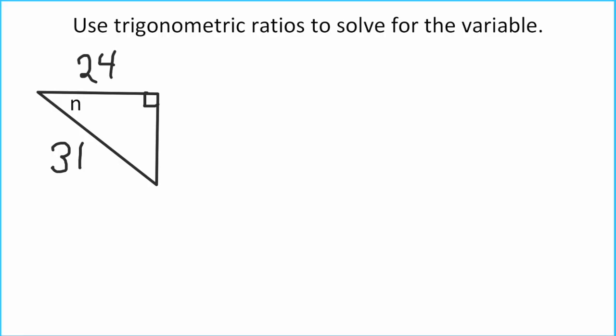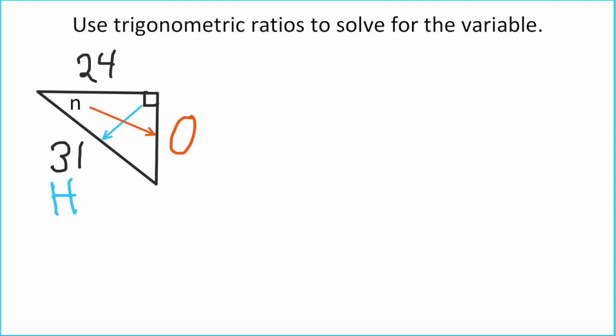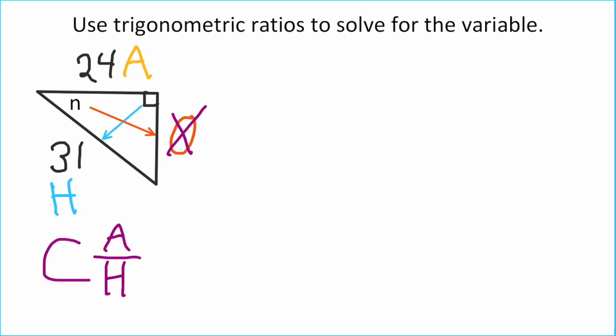All right, pause your video. Try this one out. All right, did you mark your hypotenuse, which is the 31? Across from the N is your opposite side, leaving the 24 as your adjacent. We can cross out that O, leaving us with A and H, so this is CAH.